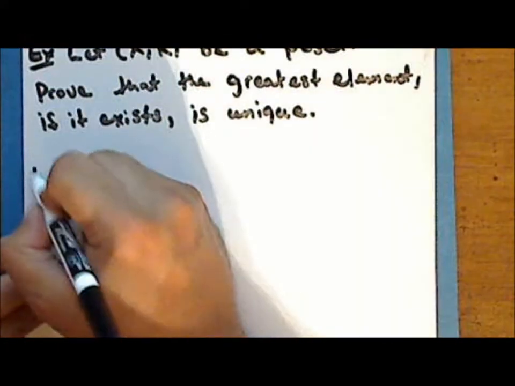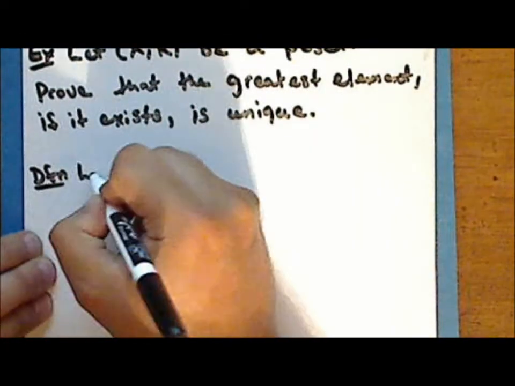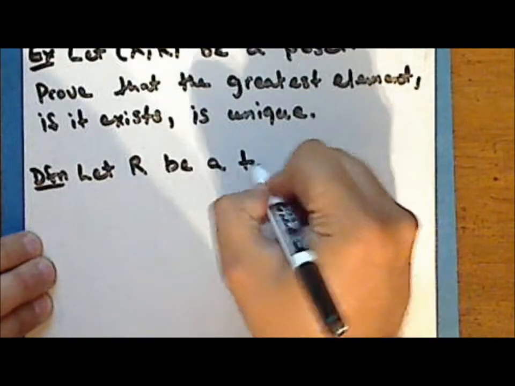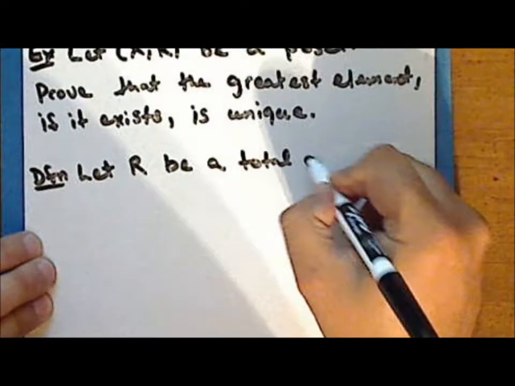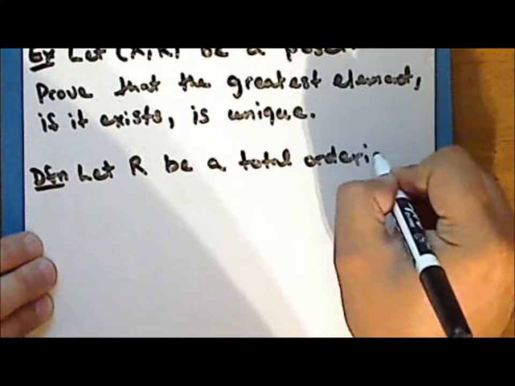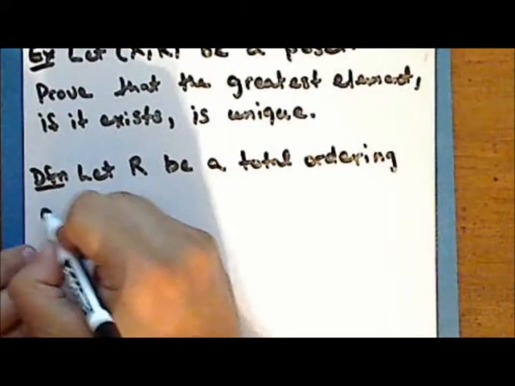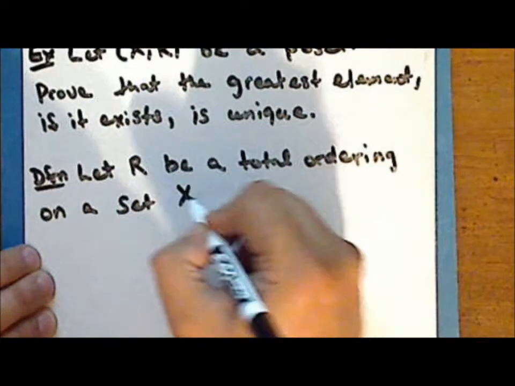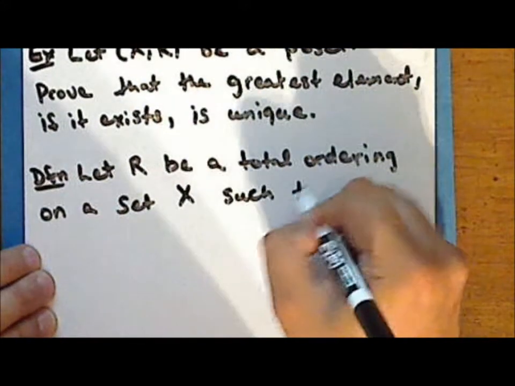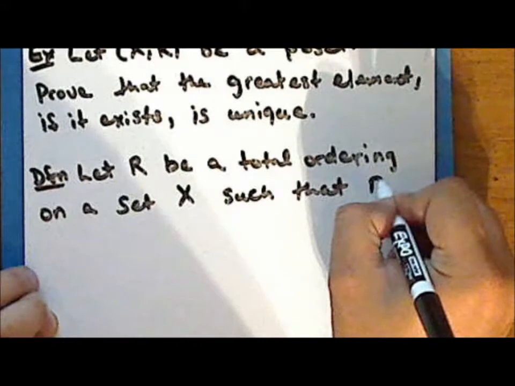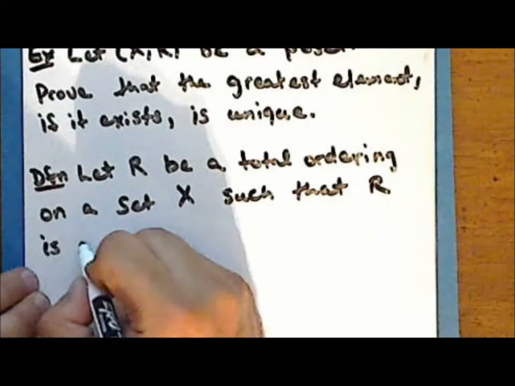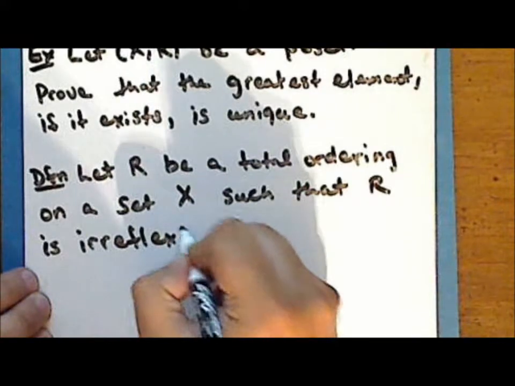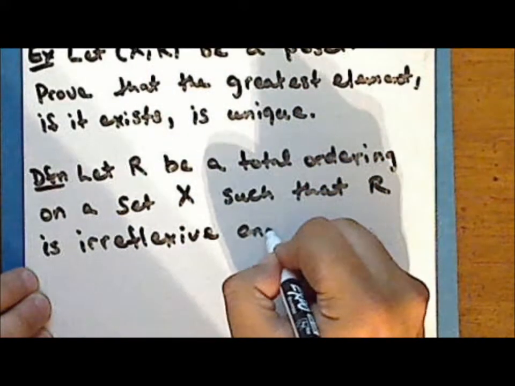Okay, so new definition. Let R be a total ordering on a set X such that the relation R is irreflexive and transitive.